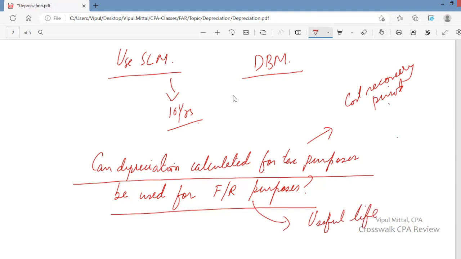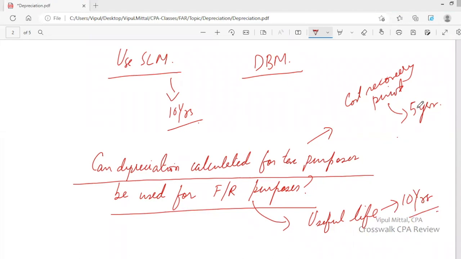If the cost recovery period is 5 years, for example, that means you are allocating the cost of the asset over a period of 5 years. If for financial reporting purposes the useful life is 10 years, you are allocating the cost over a period of 10 years. Both these terms have the same meaning, cost recovery period or useful life.